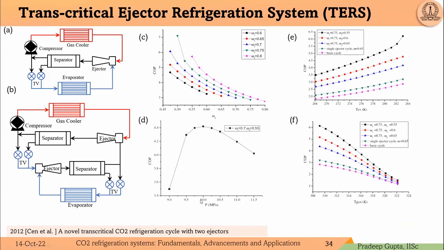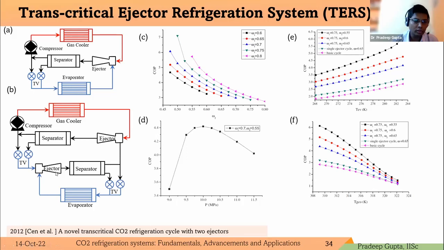How does it work now? What is the function of this? This ejector works similarly to how a single ejector works, and to recover more expansion work, the liquid from this separator is sent as the primary fluid. So the primary flow is liquid, the secondary is vapor, and then it expands further in the ejector.